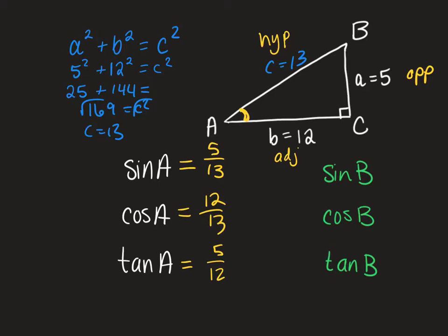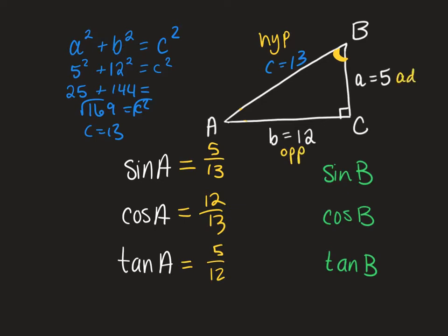All right, so then for angle B, let's get rid of that. Right, hypotenuse is always going to stay in the same place. For angle B, though, it's going to be up here. So which side's going to be our opposite this time? Opposite of B. Yeah, so this is going to be our opposite.